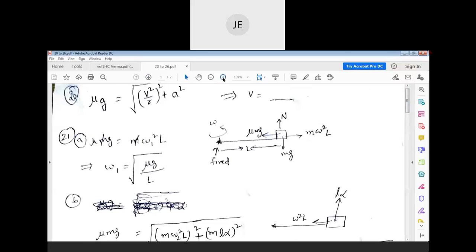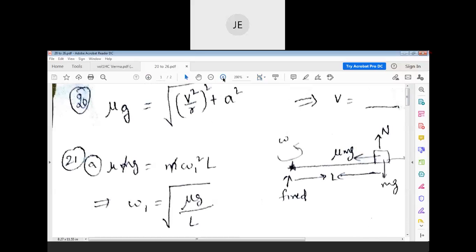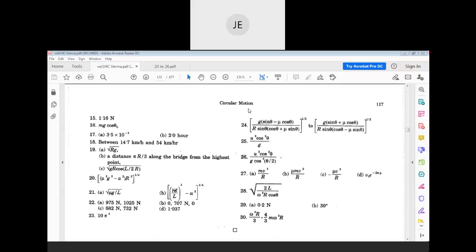Okay, this is the formula, and find out v. Now if you simplify this, you should get (mu square g square minus alpha square) into r square, whole power 1 by 4.